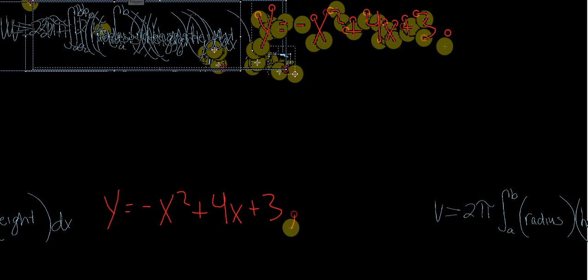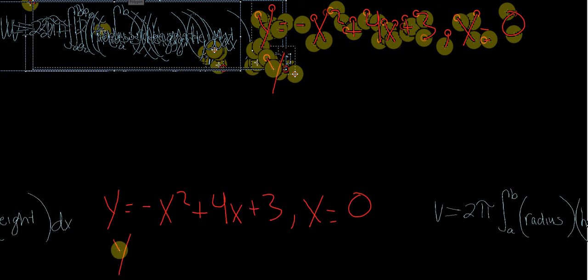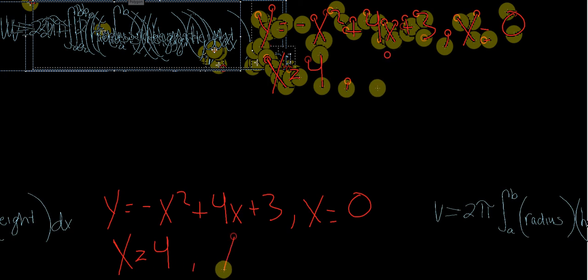And we also have the vertical line x equals 0, x equals 4, and the horizontal line y equals 0.